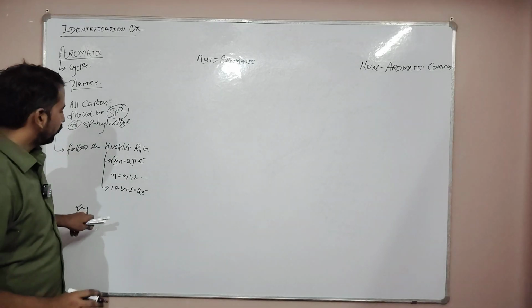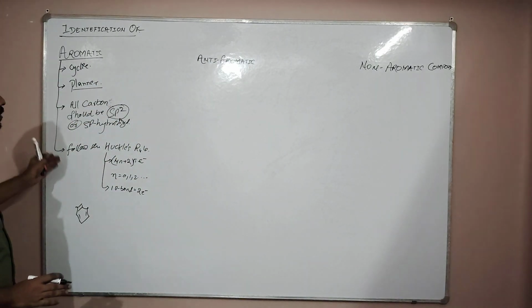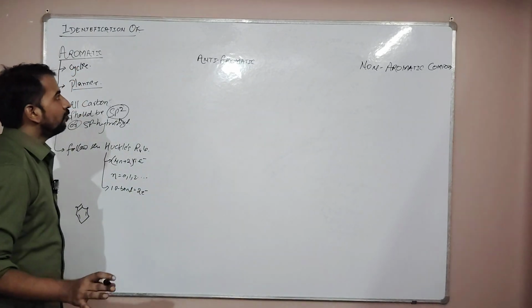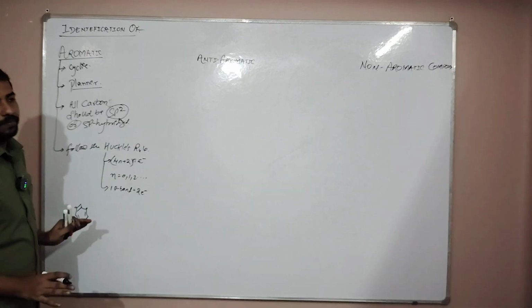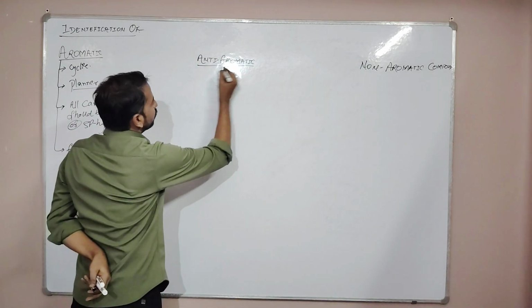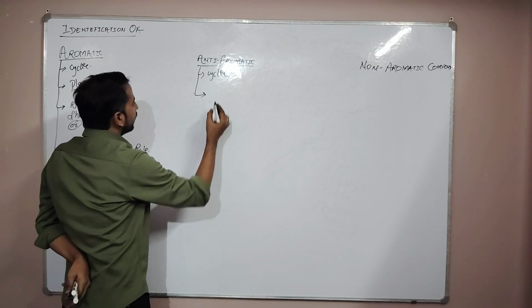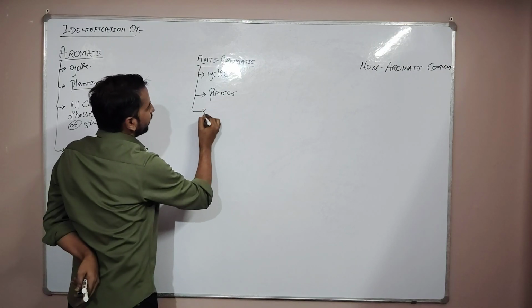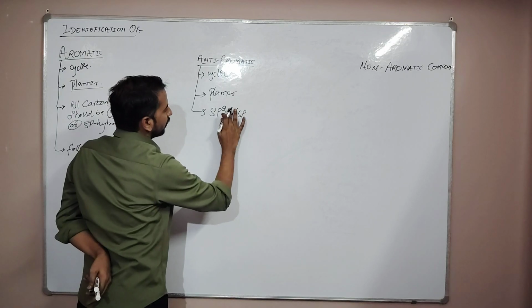We will see how these are aromatic compounds, but first we will know the conditions of aromatic, anti-aromatic and non-aromatic compounds. For anti-aromatic, it should follow all the rules which come under aromatic compound, except Huckel's one. Here the compound should be cyclic, then planar, where planar means all the carbons should be sp2 or sp hybridized.